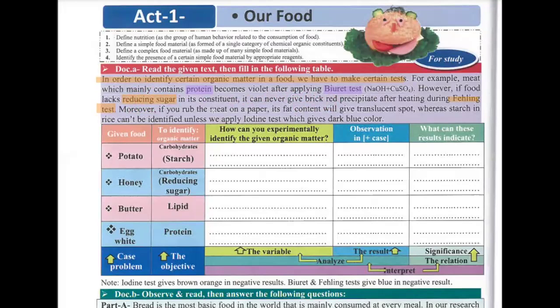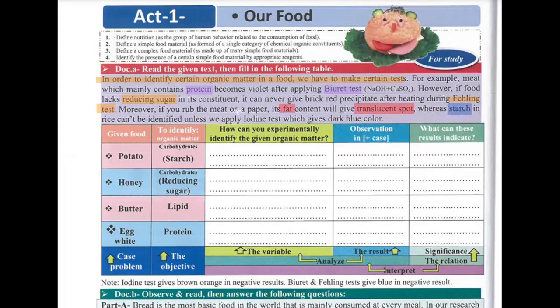Test number 3: if you rub the meat on a paper, its fat content will give a translucent spot. This is the translucent spot test. And the last test we're talking about is identifying the presence of starch, which is a polysaccharide.